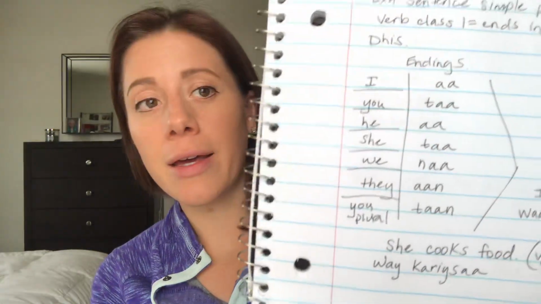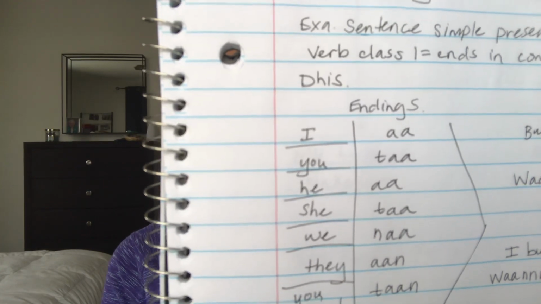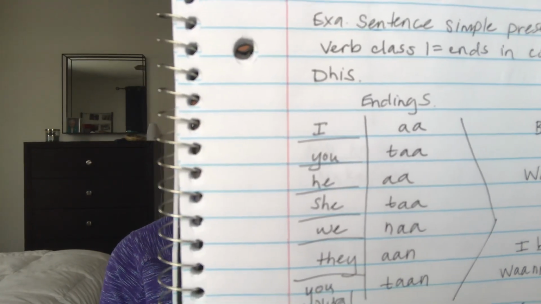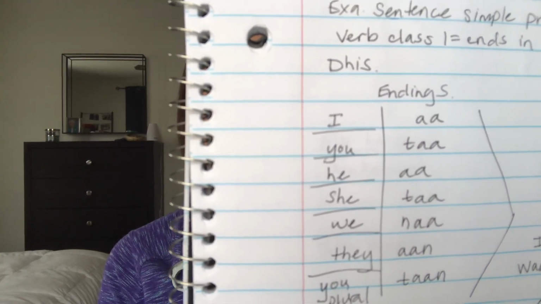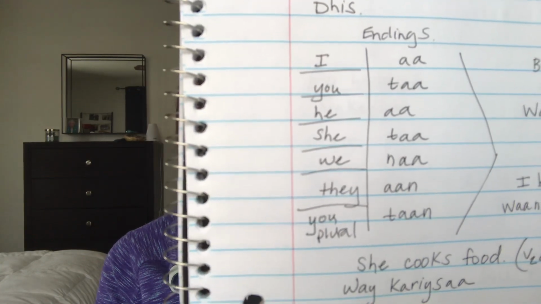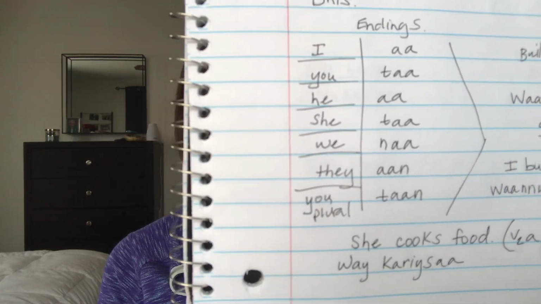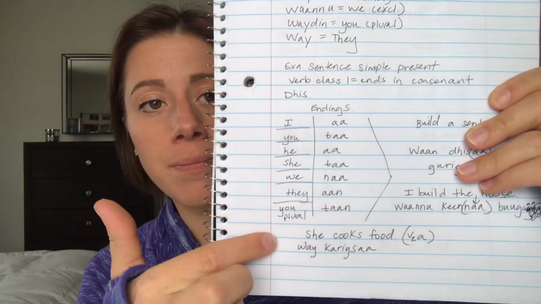For I, it's AA ending, as well as for he, it's also AA. For you and she, it's TAA. For we, it's NAA. And for they, it's AAN. So those are the endings that we're going to add to the verb, as well as the mood classifier before.